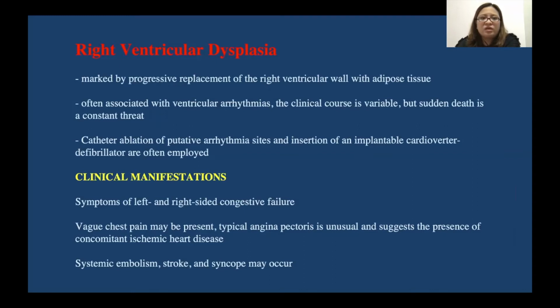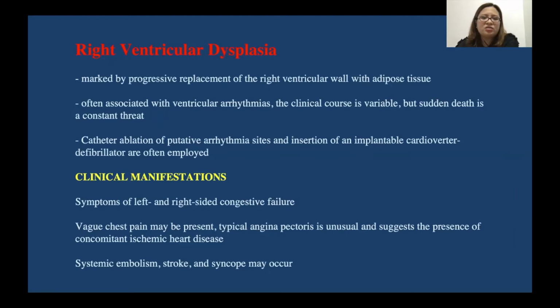So catheter ablation is indicated for putative arrhythmia and insertion of an ICD. ICD is implantable cardioverter defibrillator, which is warranted in patients with right ventricular dysplasia with ventricular arrhythmia.